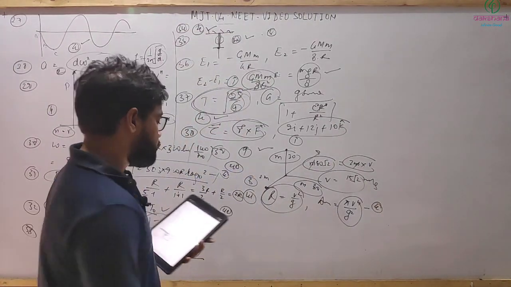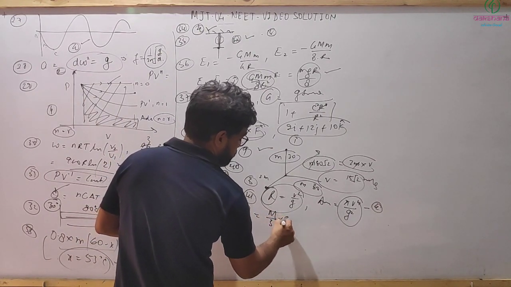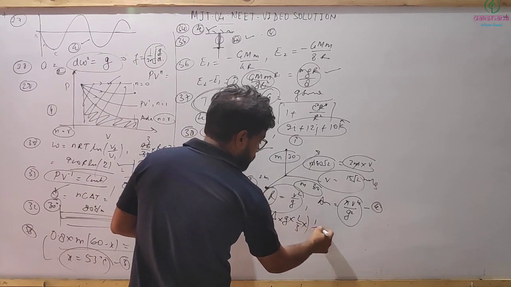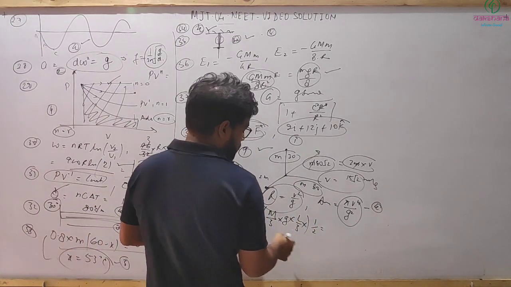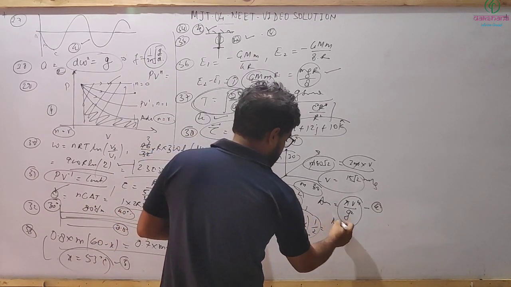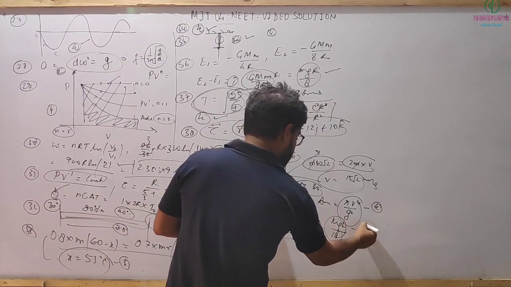So the change is this amount, and the work is coming out to be mgL by 18. This is the answer, matching with option number 4.